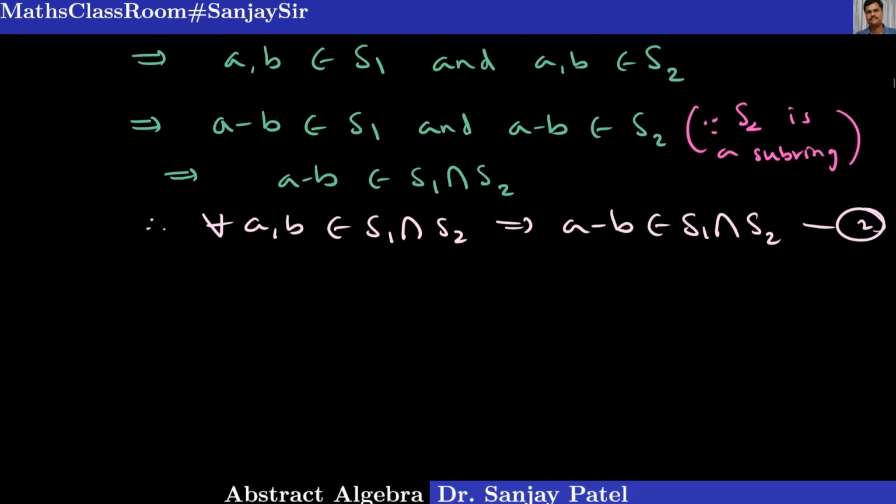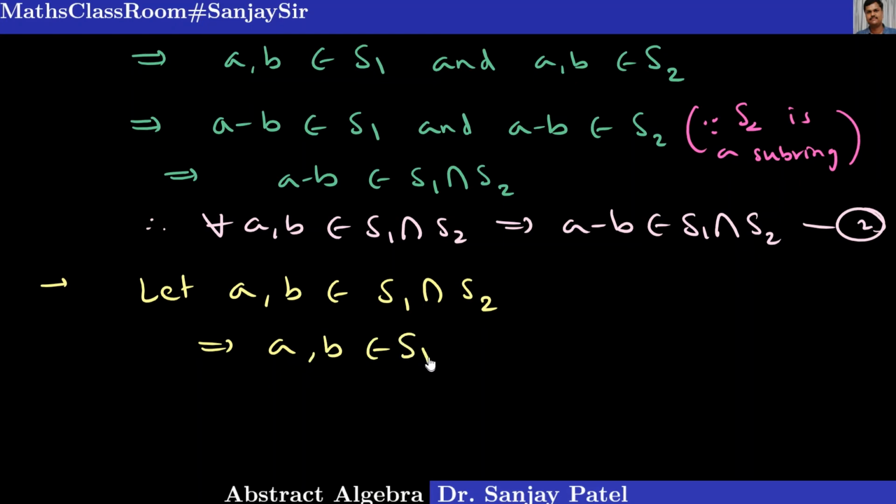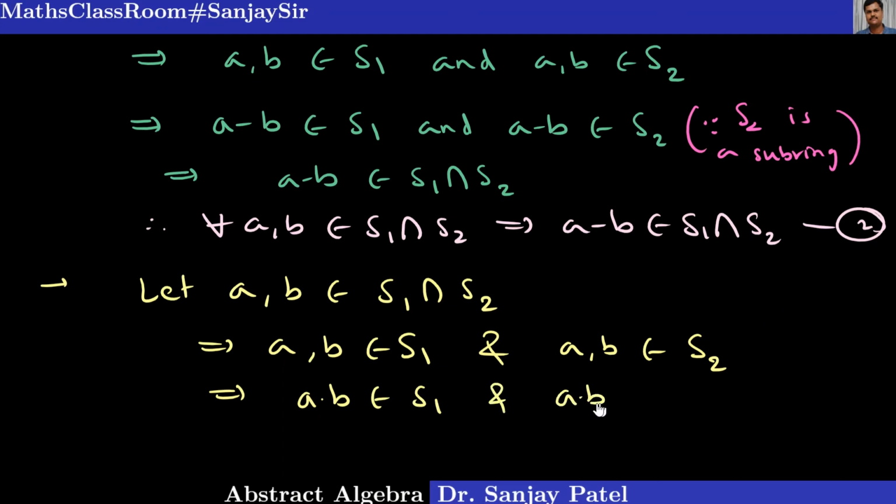About the multiplication operation. So again we start with any two elements A and B belonging to S1 intersection S2. That implies A and B belong to S1 and A and B also belong to S2. Since S1 and S2 are subrings, we can say immediately A dot B belongs to S1 and A dot B also belongs to S2.